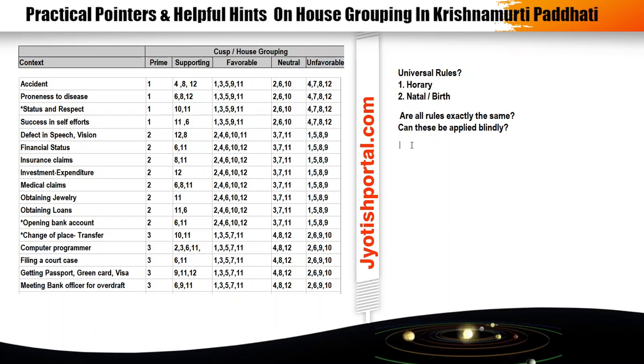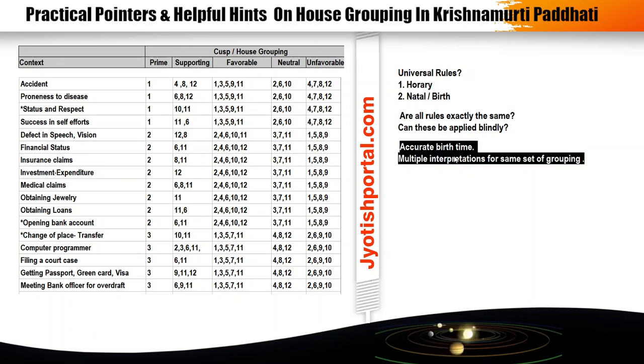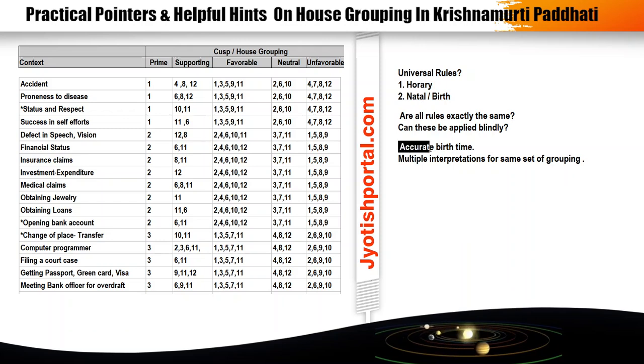But we have to ask at least two very important questions when we are applying the horary rules to the birth chart. One is the accurate birth time. Whenever we make use of the cuspal sublord, we have to ensure that the birth horoscope has a very accurate birth time. And in most cases, that birth time is not accurate. Another issue is beyond the accurate birth time.